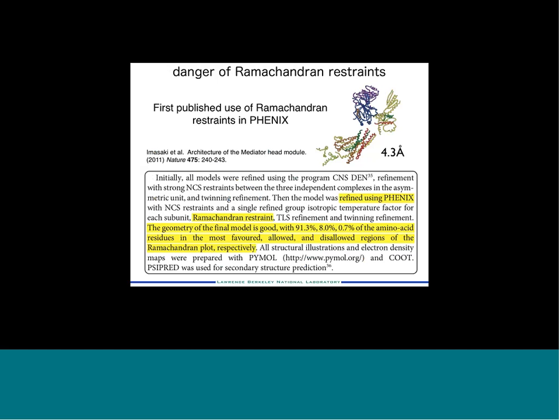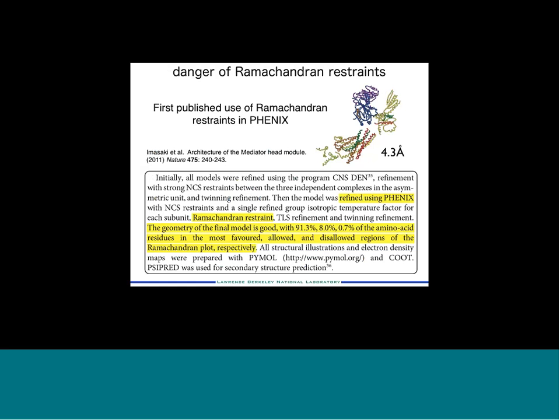Just as a point to that, the first time we saw this used in publication was for this mediator head module in Nature this year, and it's a great paper. I'm not at all meaning to disparage the authors. It was a very difficult data set, and the model is really neat to look at. But you have to be careful if you do use a restraint like this.